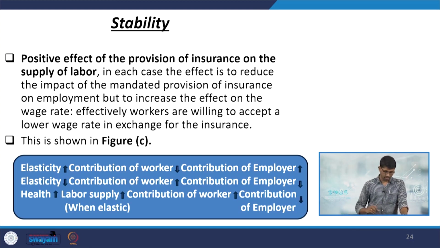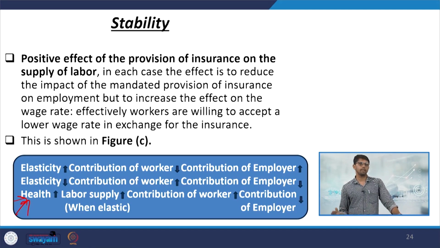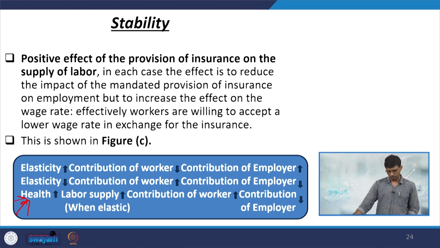Especially in the previous lecture, we concluded that when the health system itself improves from point A to point B, or from one period to another period, the labor supply will shift towards the right, and hence the contribution of the worker also increases, whereas the contribution of the employer actually decreases.